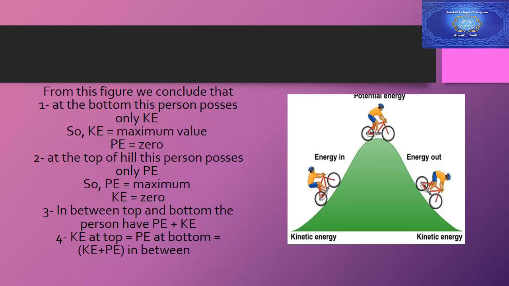It means when kinetic energy at the bottom equals 100, potential energy at the top also will equal 100. The summation of potential energy and kinetic energy in between top and bottom also will equal 100. It means that energy is conserved. Energy cannot be lost or destroyed.